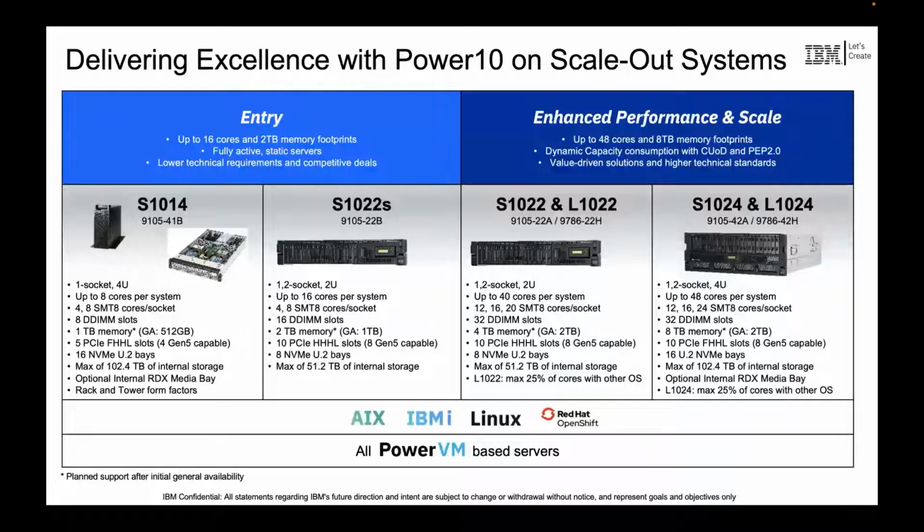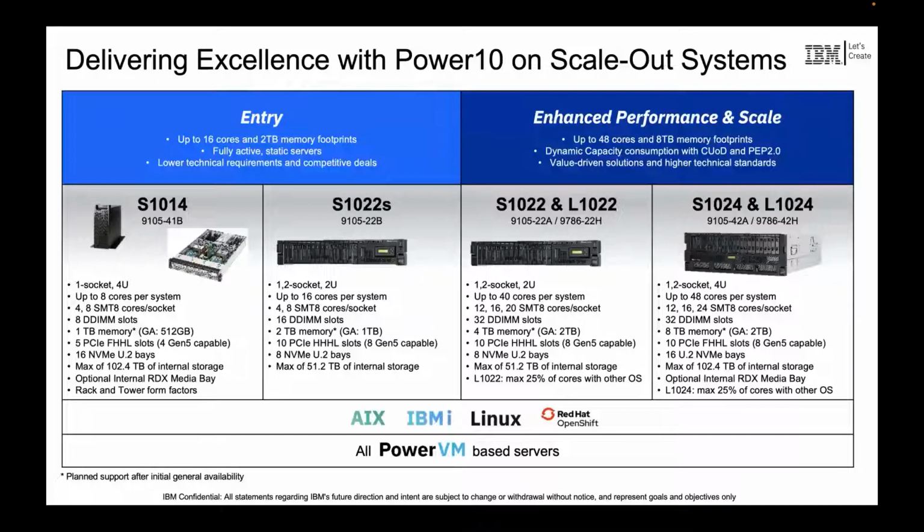We'll talk more. And then the 1024, this is unbelievable. 2-socket 4U framework, we can go up to 48 cores. I'm a longtime Power guy and have been doing server consolidation forever.